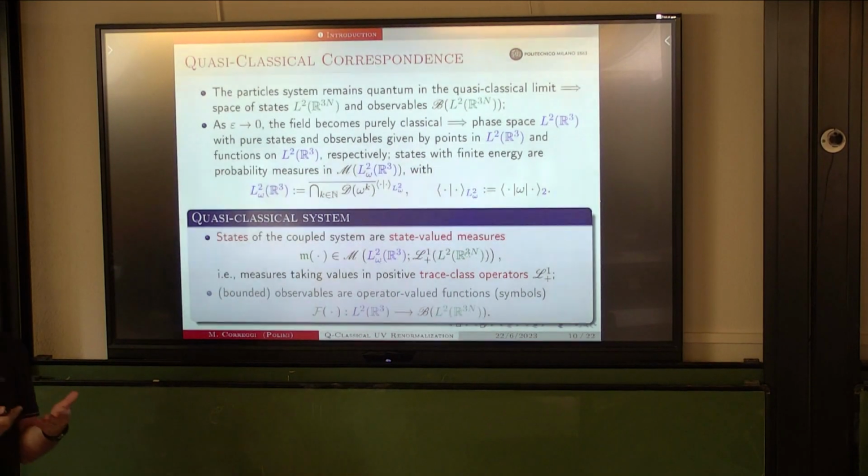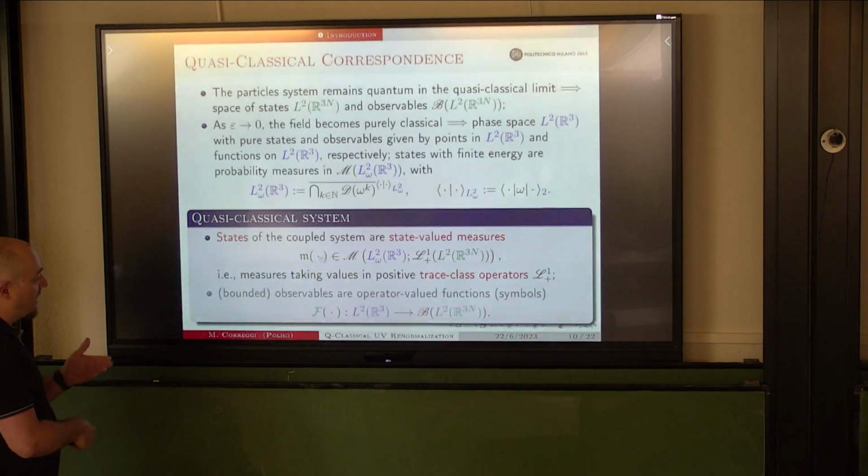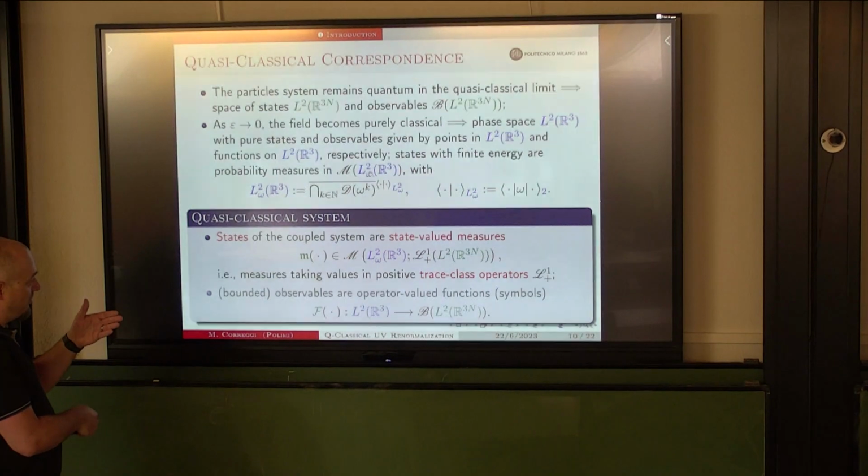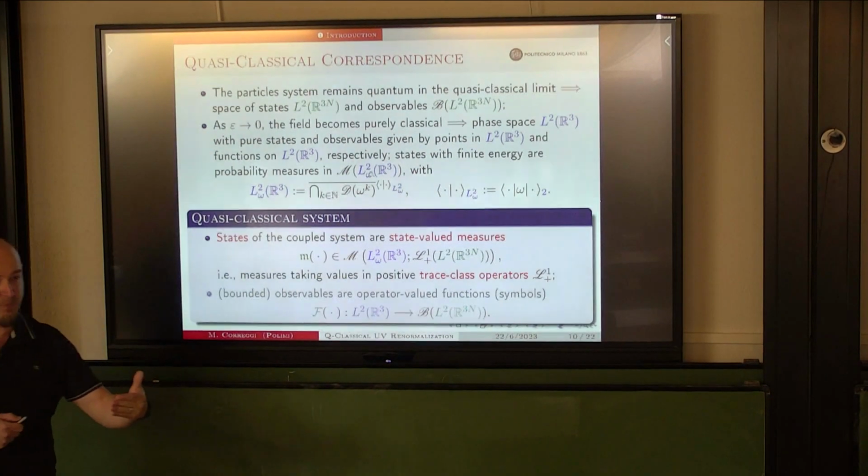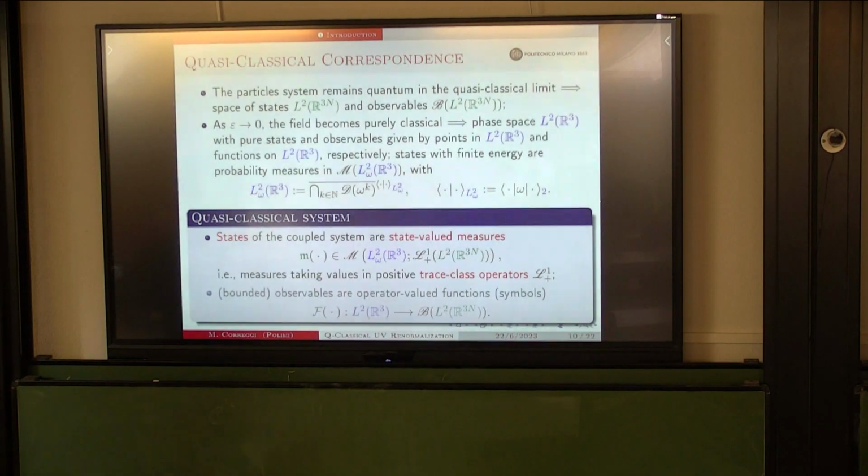It's just a generalization, if you like. You take a measure, but it should give you a state for the particle. That's why it takes values in trace class operators. And what about the observables? The observables are simply functions from, again, the one particle or the phase space, if you like, to bounded operators for the particles.